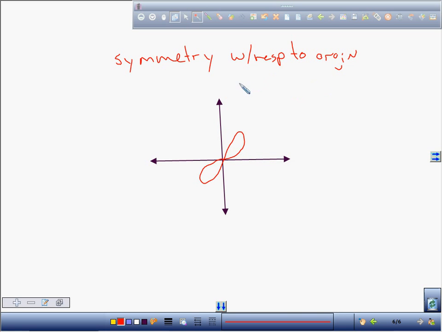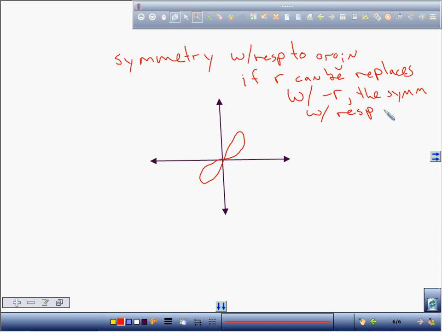So with respect to the origin, if r can be replaced with negative r, then it has symmetry with respect to the origin. And the only place you're going to see those is if you have r squared.